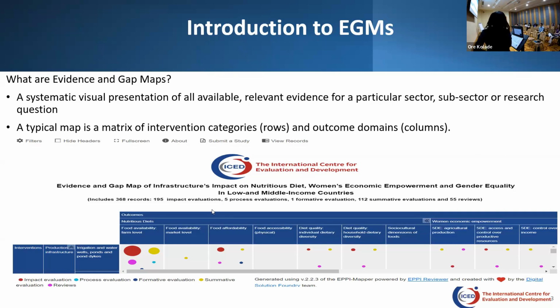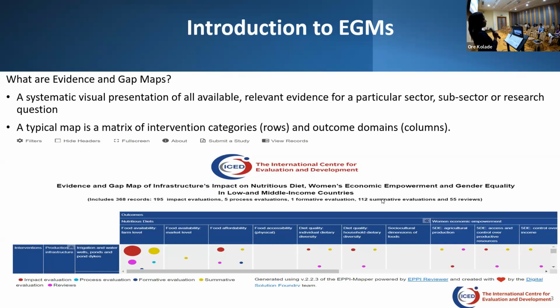When we talk about an evidence and gap map, from the definition by Snilstveit and Howard, an evidence and gap map is a systematic visual presentation of all available relevant evidence for a particular sector, subsector, or research question.